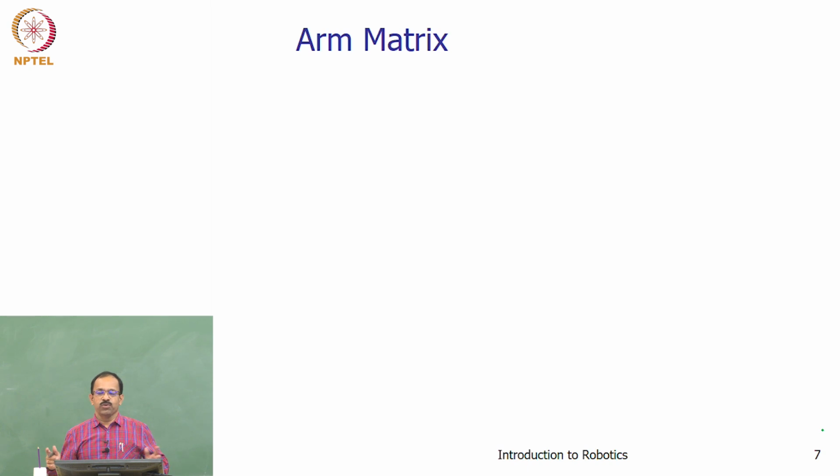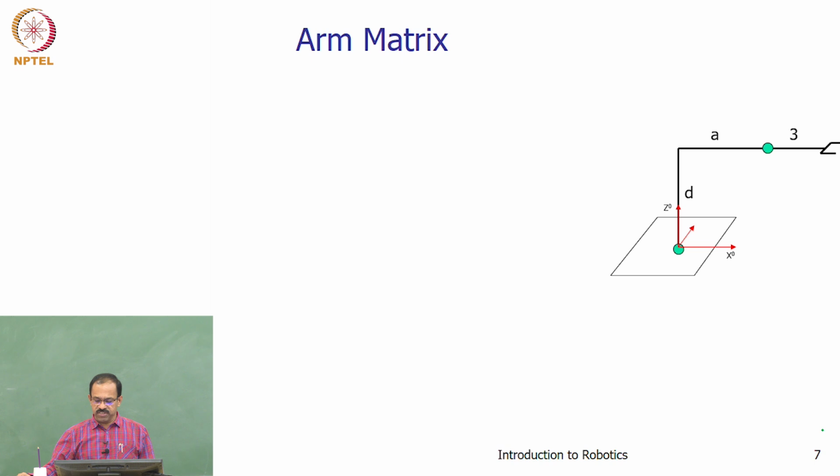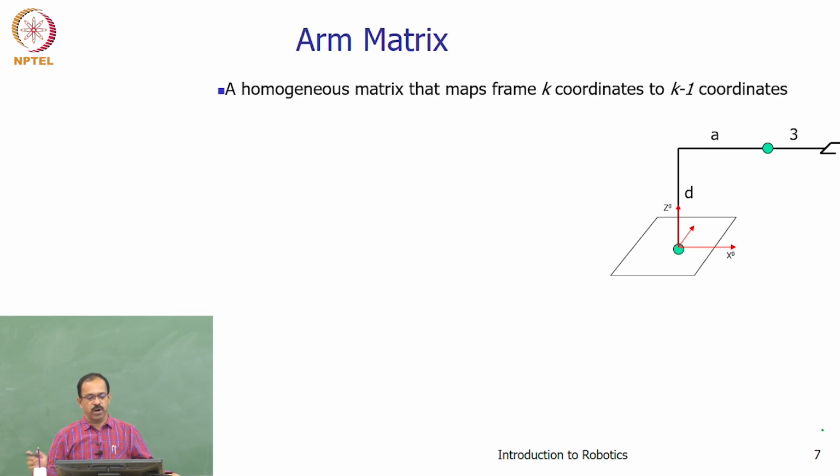Okay, so why do we need to know all these parameters? Because we can actually give the relationship. Once you have these two coordinate frames, one coordinate frame here and another coordinate frame here, assume that this is Z1, X1 and Y1.